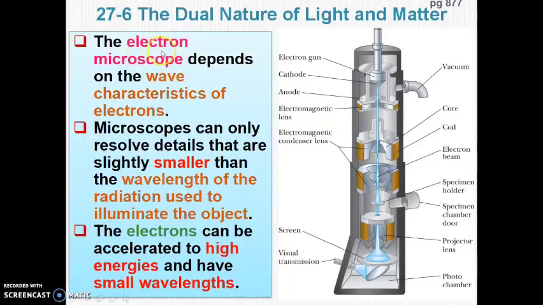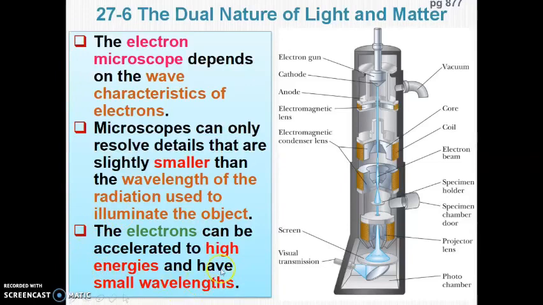The electron microscope depends on the wave characteristics of the electrons. A microscope can only resolve details that are slightly smaller than the wavelength of the radiation used to illuminate the object. The electrons can be accelerated to high energies and have a small wavelength.